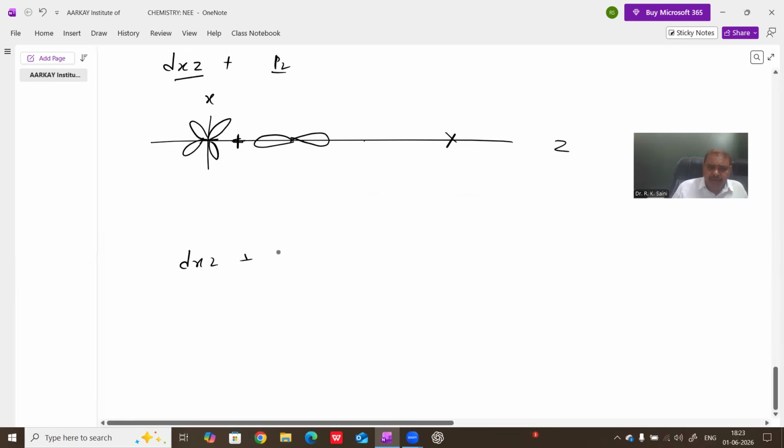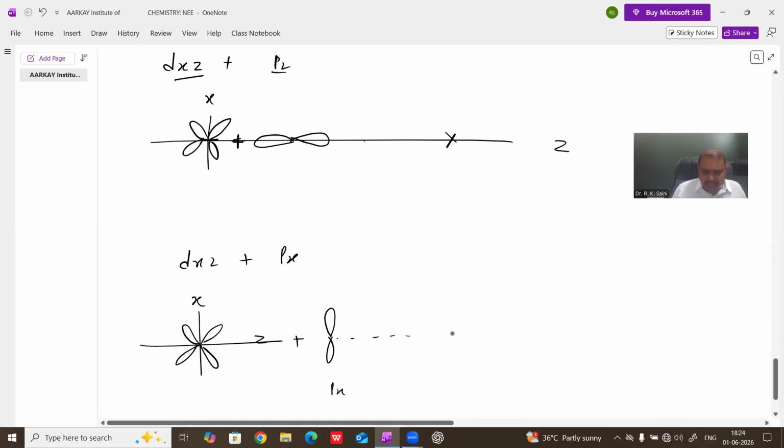dxz and px. Similarly, the orbital is dxz. This axis is taken to be z and this is x. And the other orbital is px, because this axis is taken to be z.